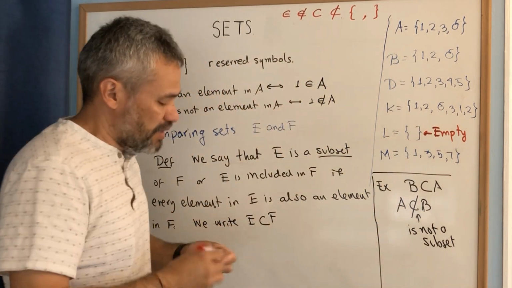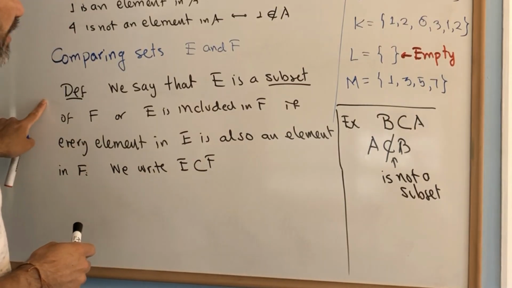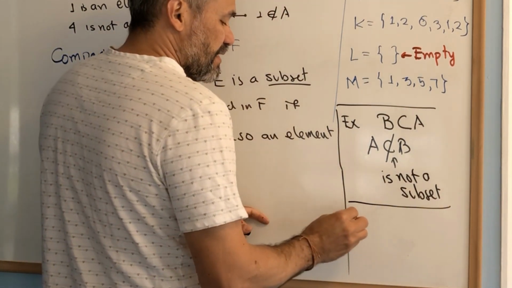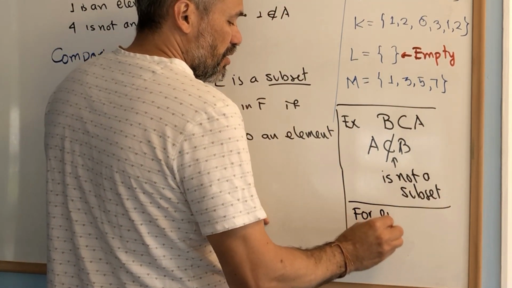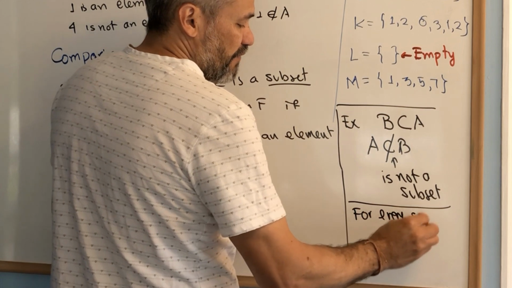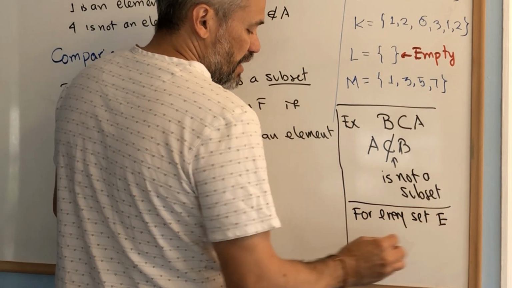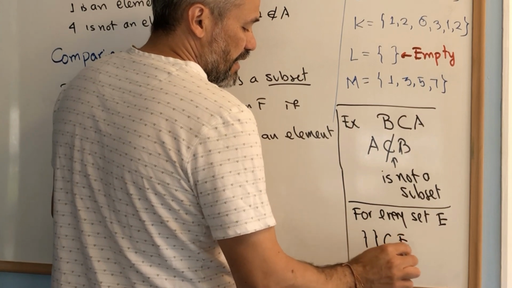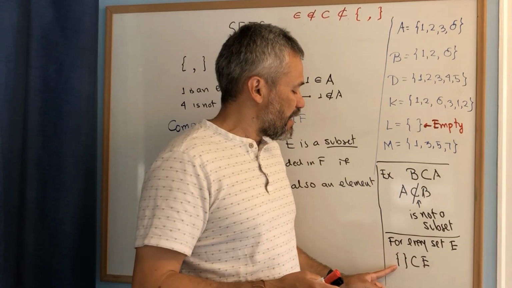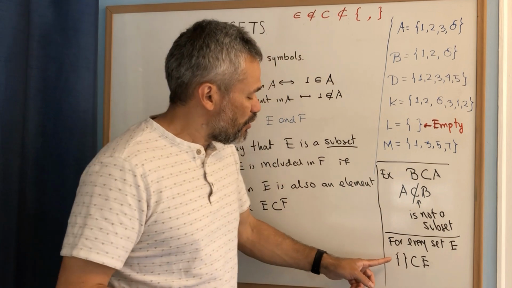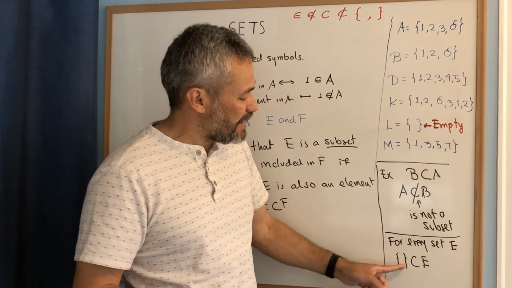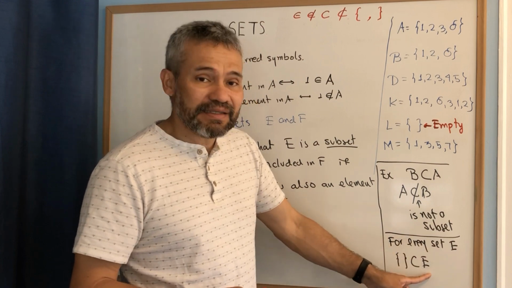And one of the properties of the empty set, keeping in mind this definition, is that for every set E, the empty set is contained in E. Why can I show that this is not false? To prove that this is false, I would have to show an element that is here and is not there.